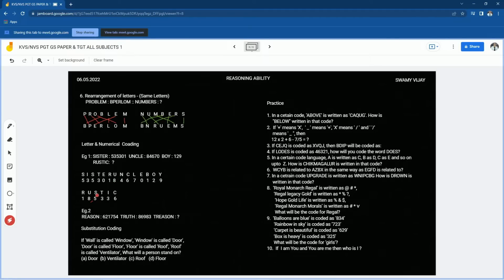What is the number given to S? 5. What is the number given to T? It is 3. What is the number given to I? 3, it is 3 again. What is the number given to C? It is 6. Right. So what is the answer? Rustic is coded 185336.